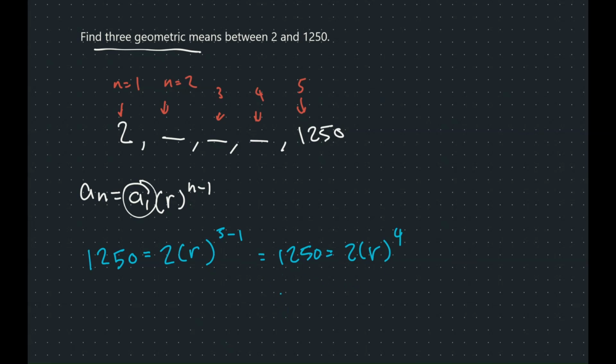And to find r, because using r, we can multiply this value here by r to get this, and then multiply and multiply and multiply to get the rest of the geometric means. So what r is? Using the calculator, of course, we can solve for r. The answer is 5 using the calculator. r is equal to 5.